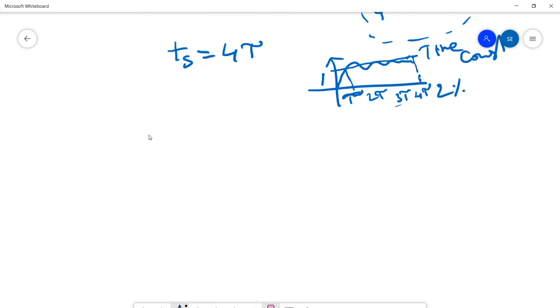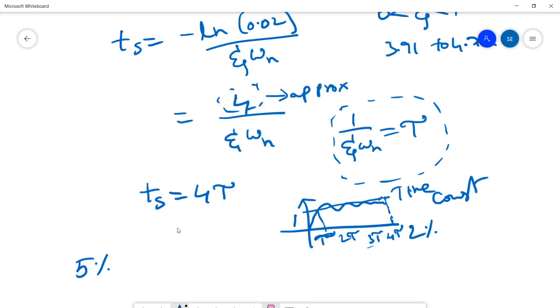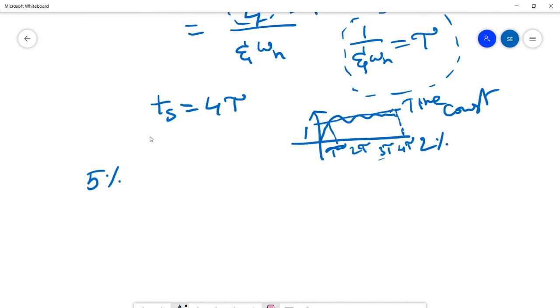What if you take 5% tolerance? You can substitute the same thing, but instead of 0.02 you substitute 0.05. So ts is equal to minus logarithm of 0.05 divided by zeta omega n.